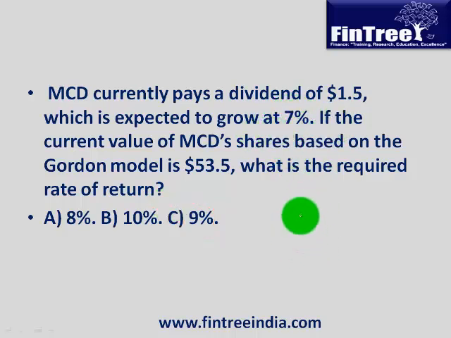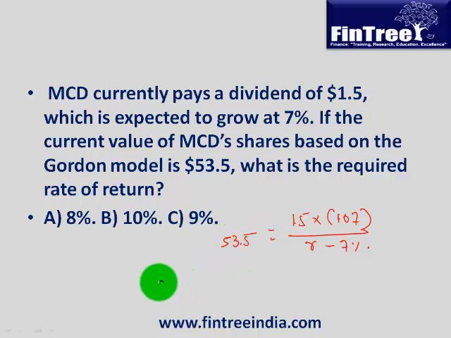So my numerator would be 1.5 into 1.07 D1 divided by R minus 7%. This should be equal to 53.5. So 53.5 R minus 7% of this number, which is 3.745, is equal to 1.5 into 1.07, which is 1.605.